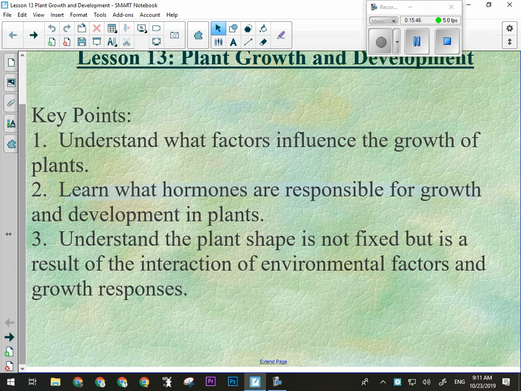Case in point, over to my tortured plants. These two plants, this one and this one, are genetically identical. I know that because they used to be one plant, and I just cut them off and replant them when they get too big and fall over.